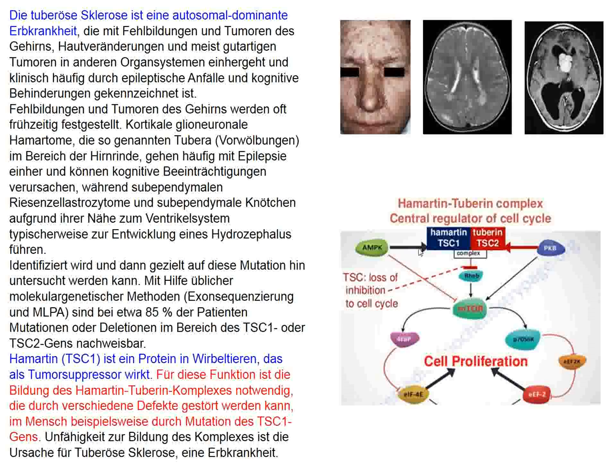And TSC is the brake pedal on the mTOR pathway. Patients that have a mutation in one of these TSC genes develop tuberous sclerosis, and they are prone to develop tumors because hamartin is no longer there to suppress growth.